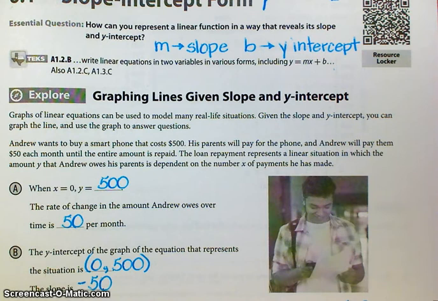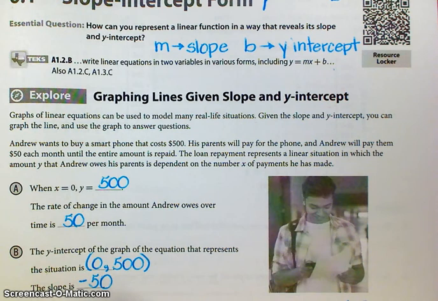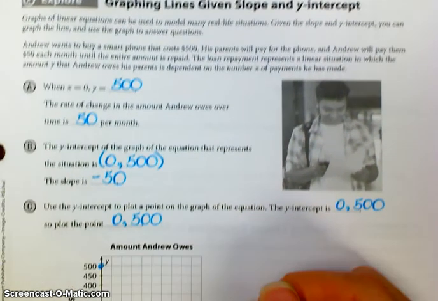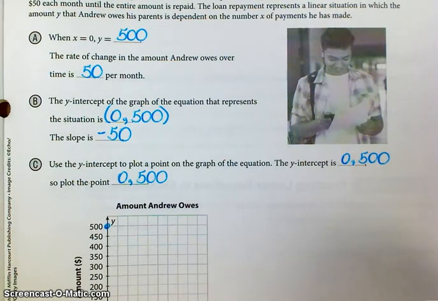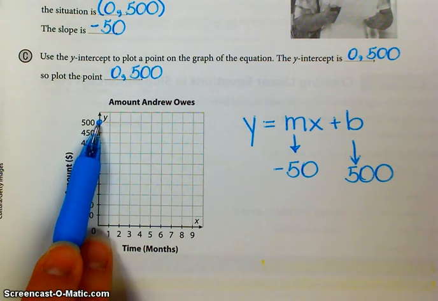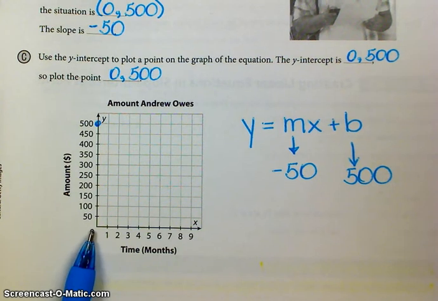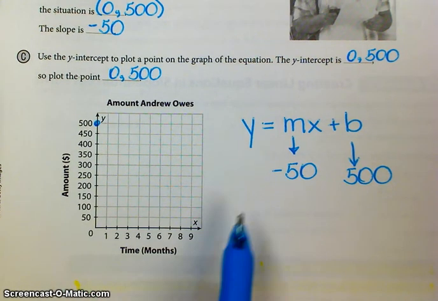So plot the point, and that's going to be right here. So he starts off owing his parents $500 when he first buys the phone, after 0 months have gone by.